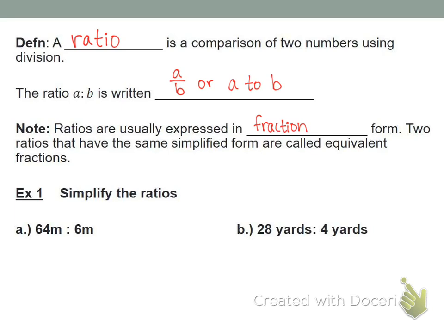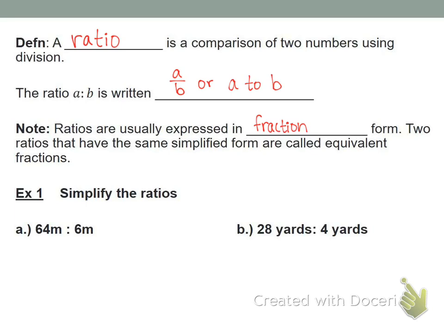So it doesn't really matter to me how you write them. If the problem starts off with a colon and you switch it to a fraction, that's fine with me. If you want to keep it in the same form the whole time, that's also fine. It's kind of up to you. The least common way to write them is using words, but even that isn't wrong. It's just different.